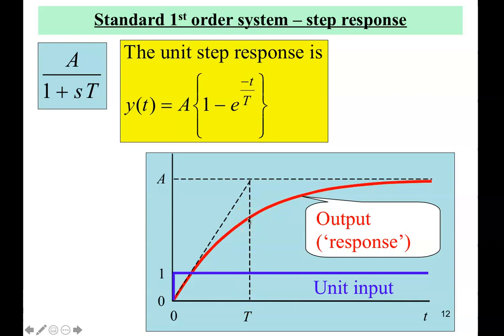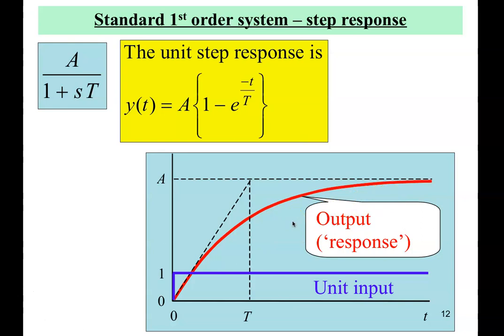Obviously, if you have a small time constant, then this signal will rise faster because it needs to get to 63% faster. If you have a larger time constant, then it will go up like that. It takes longer to get to 63%.